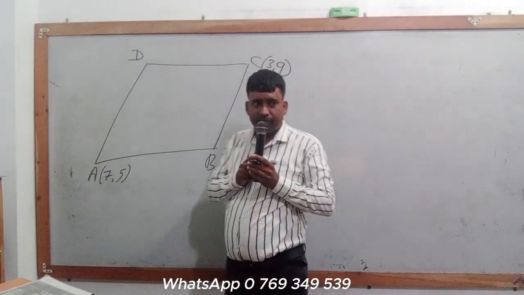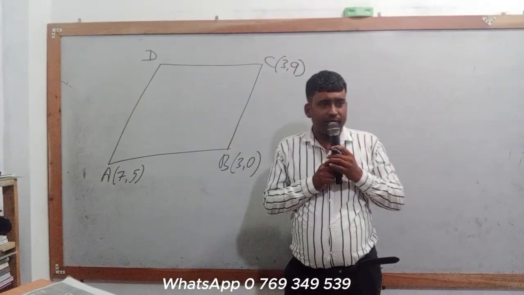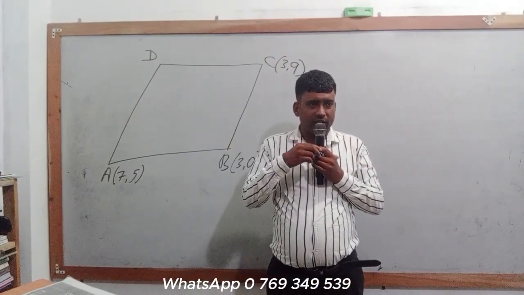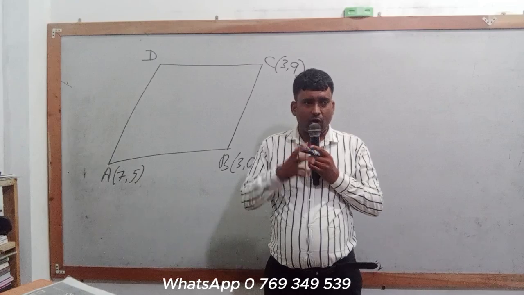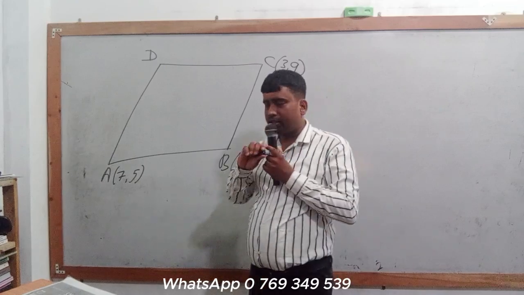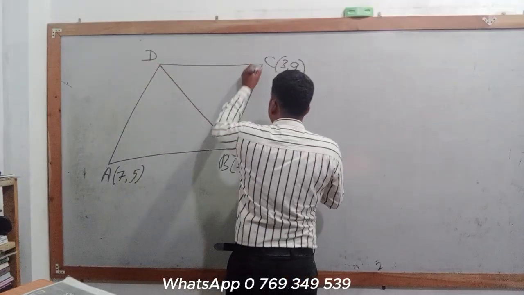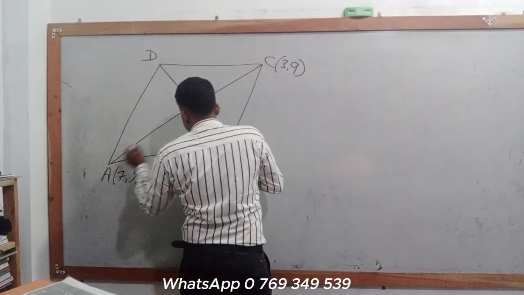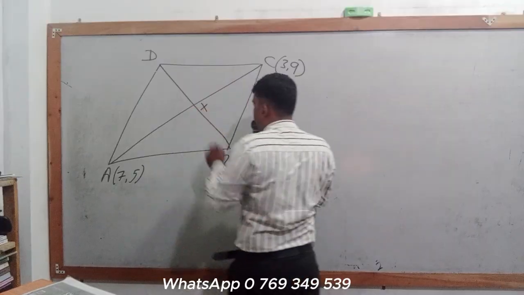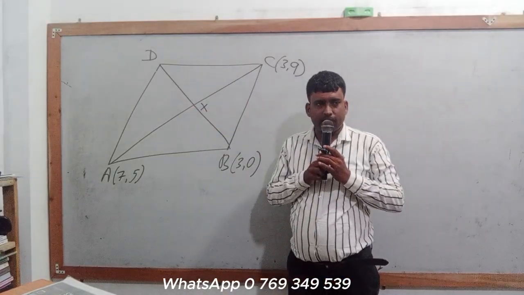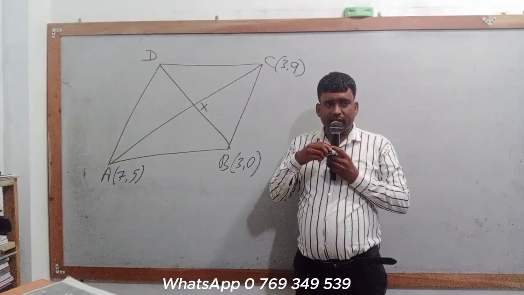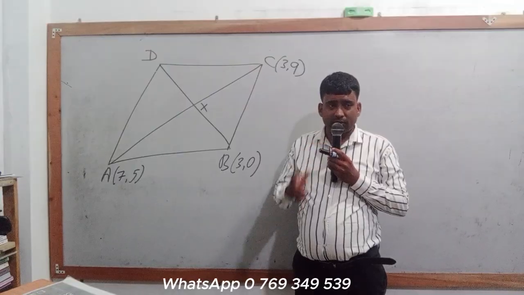D is not given respectively. If the point of intersection of the diagonals is x, diagonals, this is the x, right? Find the coordinates of x.